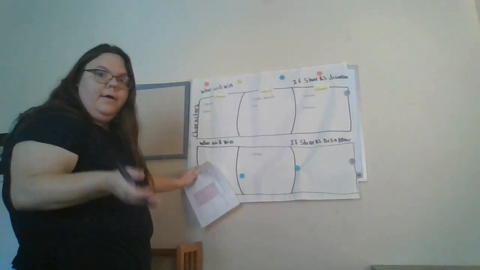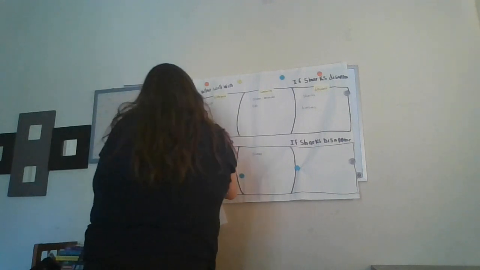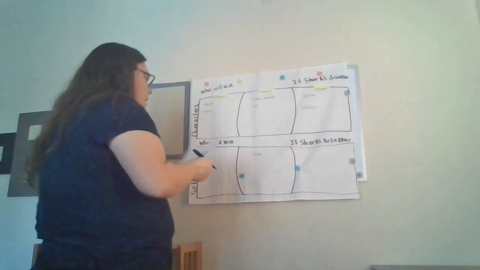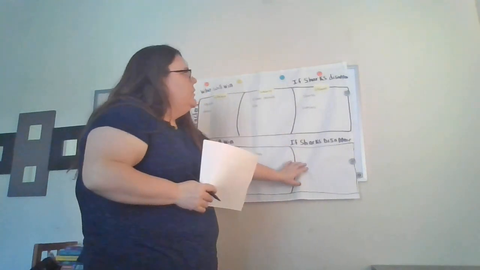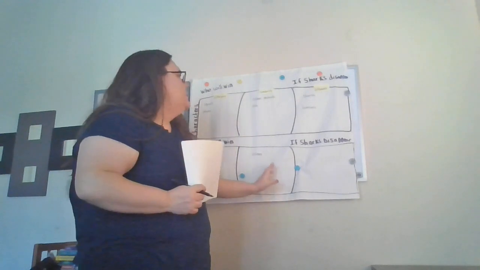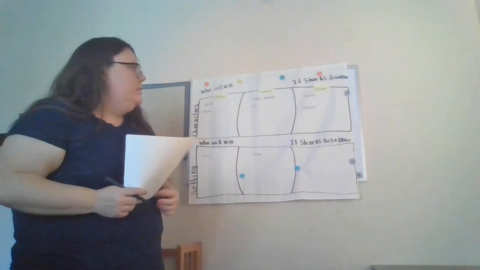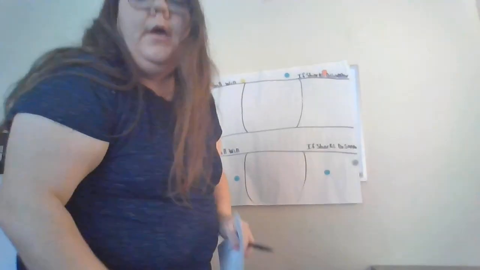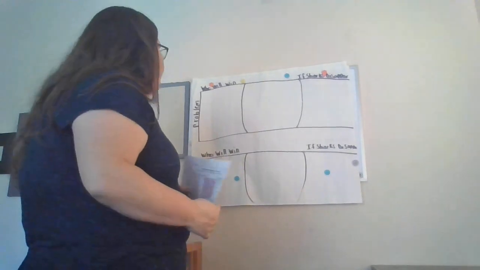So they have land in this story, right? It's Who Will Win? So land. And was there a difference for If Sharks Disappear? No, right? Because the only setting in If Sharks Disappear is ocean, right? Good job. Okay, now let's continue with our graphic organizer.